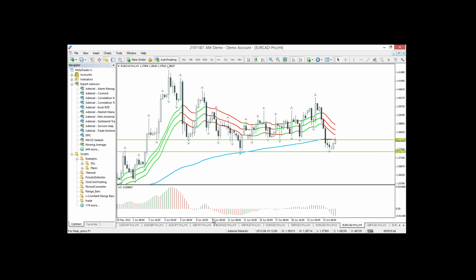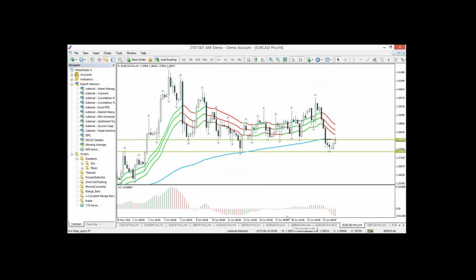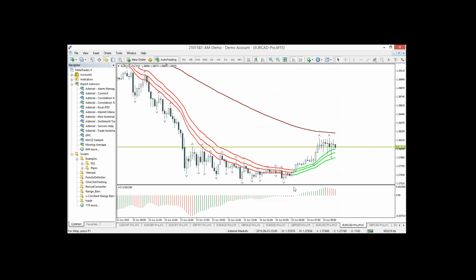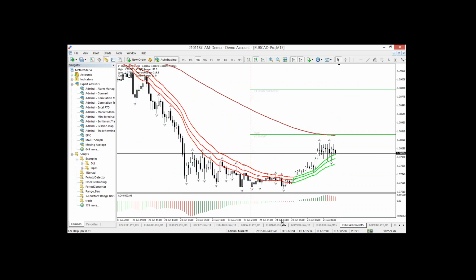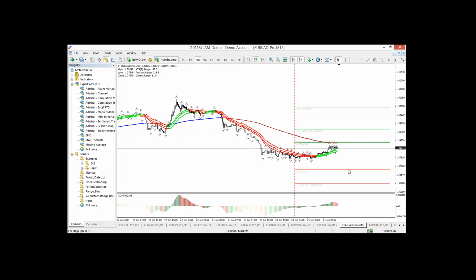Not too sure. There's no divergence, or is there? There's no divergence, barely not. Probably, I would like to see a decent swift downside like this, and then look for a pullback.